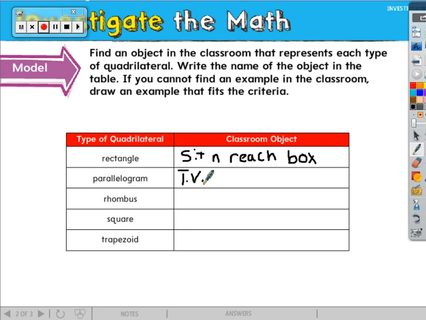Which means for every 4 inches it is wide, it's 3 inches tall. So that means that TV is not actually a perfect square. So it would be a what? A rectangle.